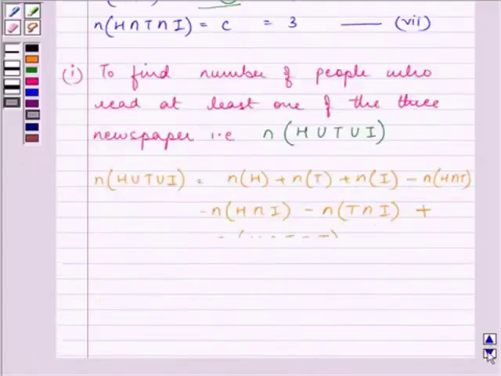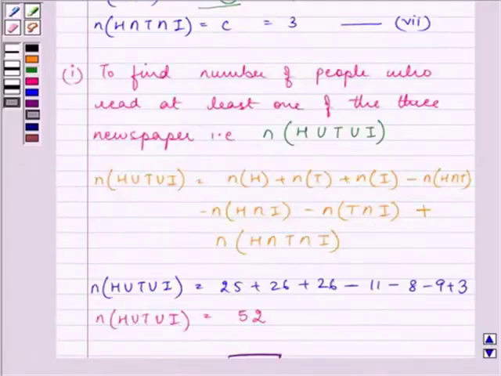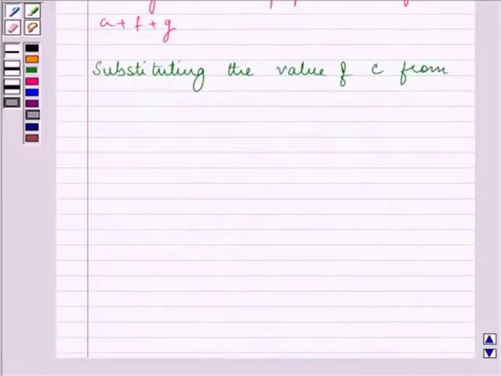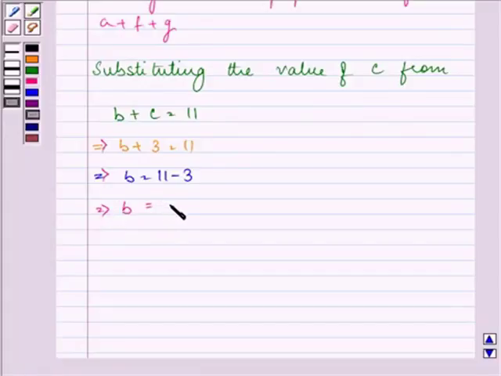Right? So on doing so, we have B plus C gives us 11. We know that the value of C is 3, so we get the value of B as 8.